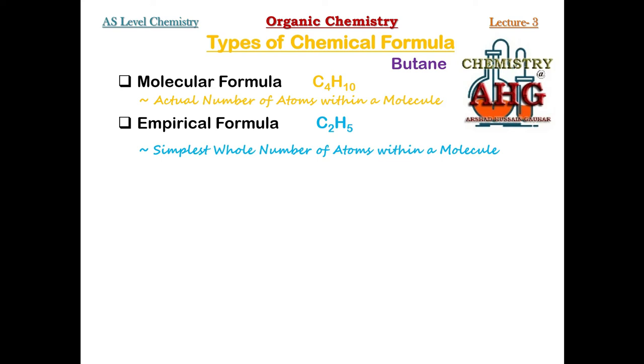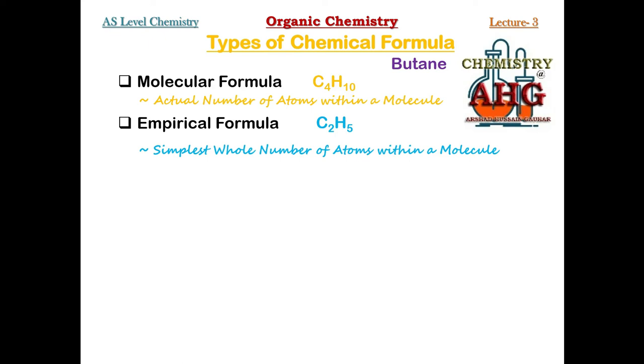So this simplest whole number ratio of atoms of different elements in a compound is known as empirical formula. So you must know the basic difference between molecular and empirical formula. Empirical formula is always derived from molecular formula by simplifying the number of atoms present in the molecule.